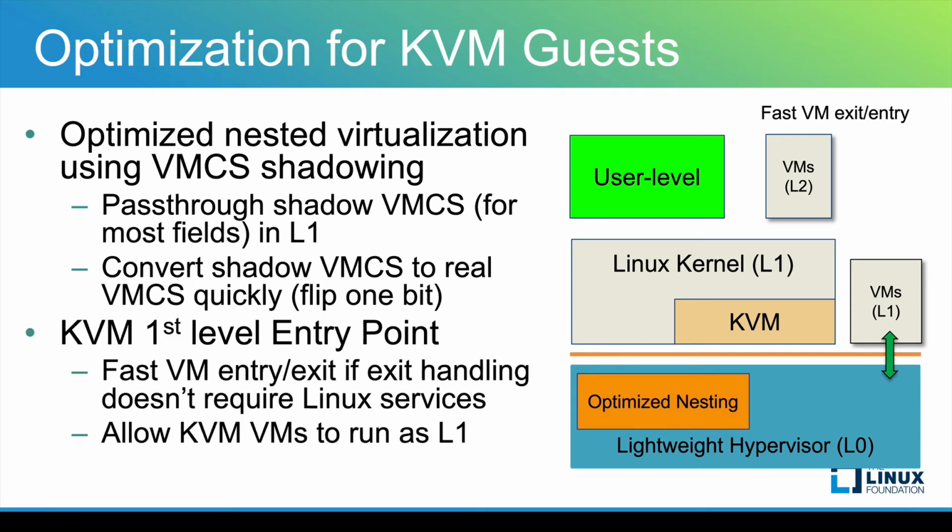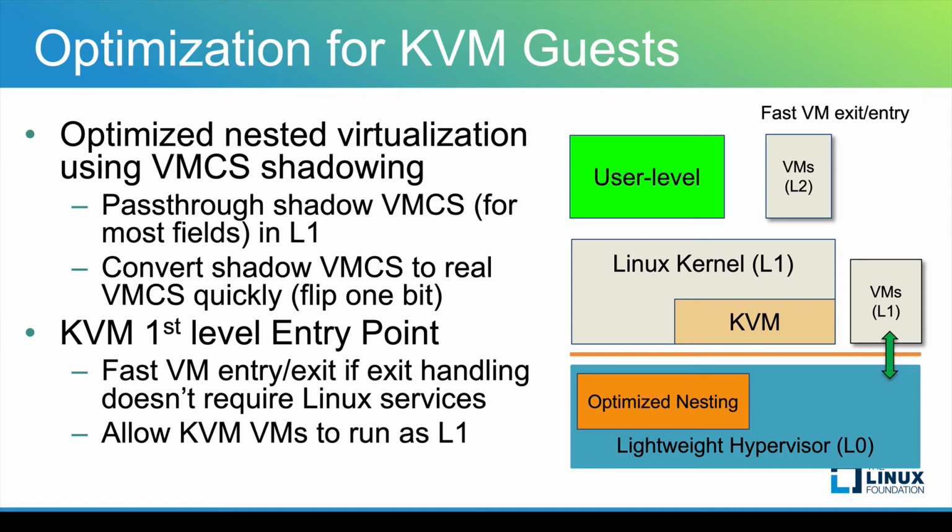The other technique we have is to have the KVM first-level entry point inside the lightweight hypervisor, then handle the VM exits immediately inside the L0 hypervisor and quickly go back.